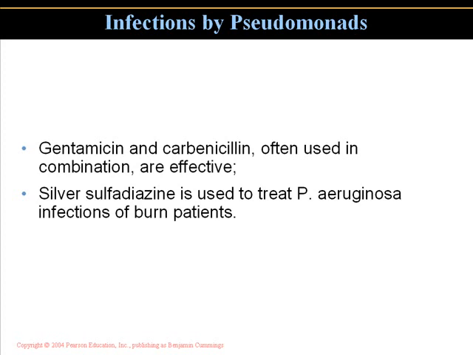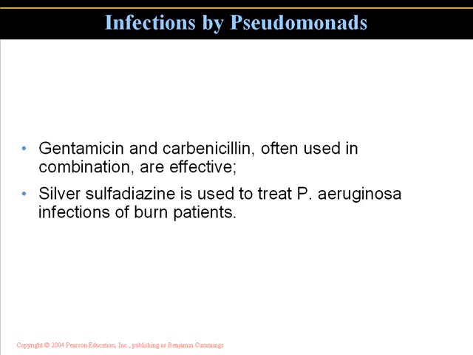Gentamicin and carbenicillin are used in combination and are effective. Now, if you remember in the previous lecture, we talked about synergism. Synergism is when two antibiotics working together increase the treatment potential of these agents collectively. So we see gentamicin and carbenicillin used together to effectively treat Pseudomonas infections.